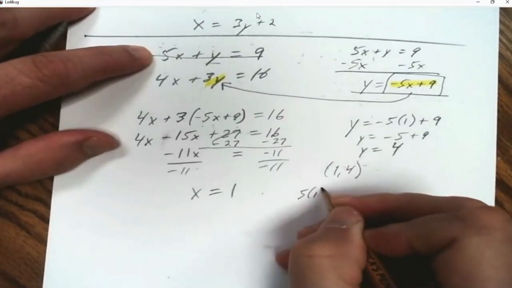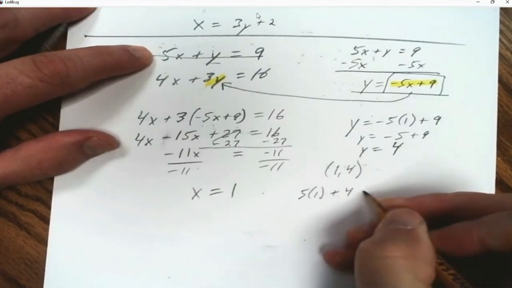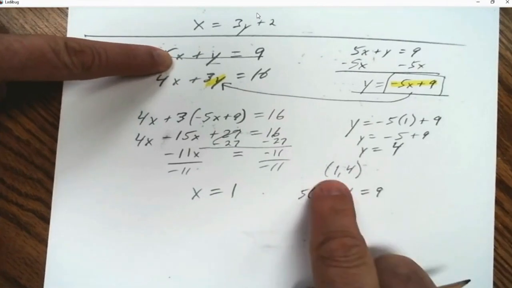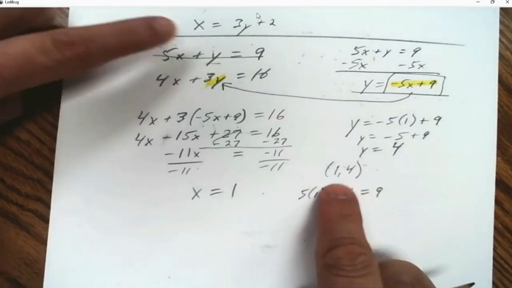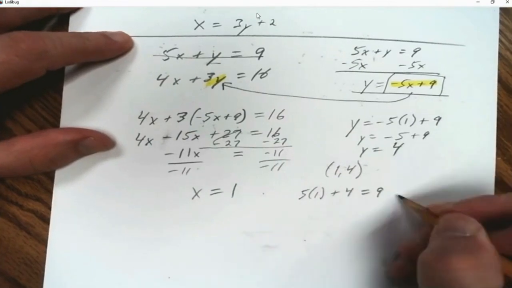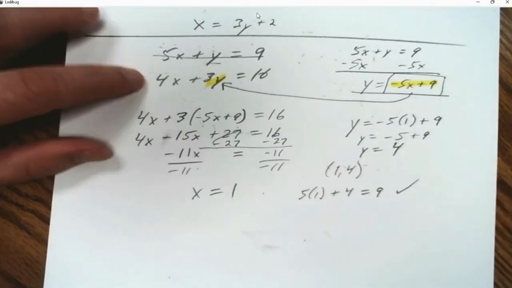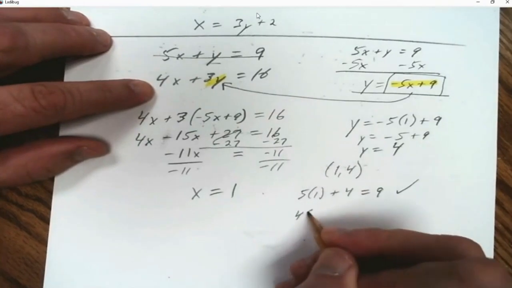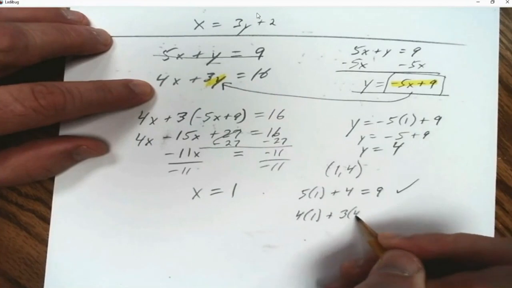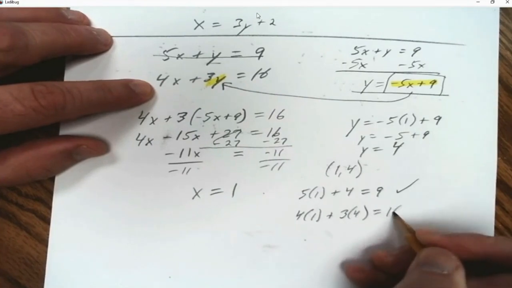5 times 1 plus 4 equals 9. That's taking the original equation and substituting 1 in for x and 4 in for y. 1 and 4. 5 plus 4 does equal 9. That's correct. And then 4 times 1 plus 3 times 4 equals 16.